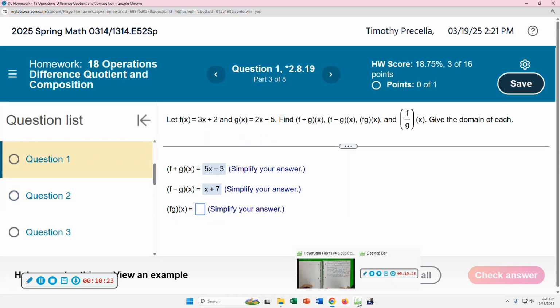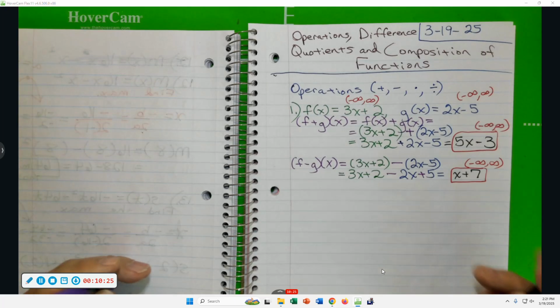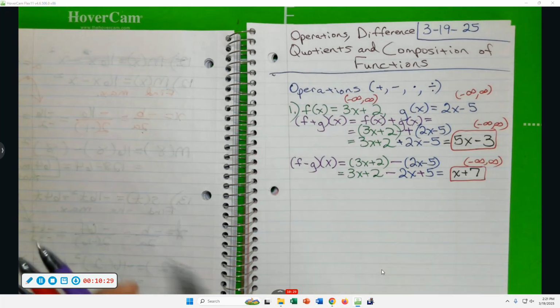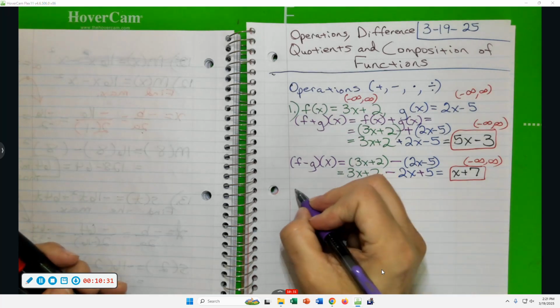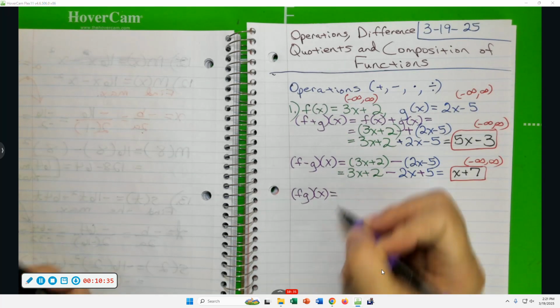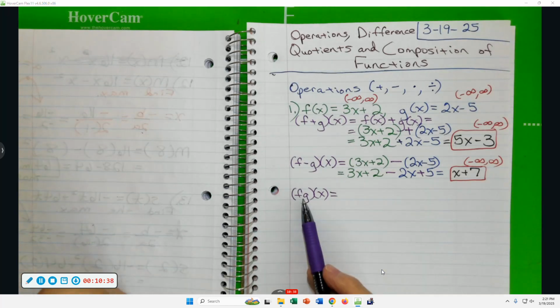Okay, f times g. Multiplication of functions is just algebraic multiplication. They want us to find f times g. And as I said, notice they're not putting a little dot or x for times. If you don't see an operation, you assume it's multiplication.